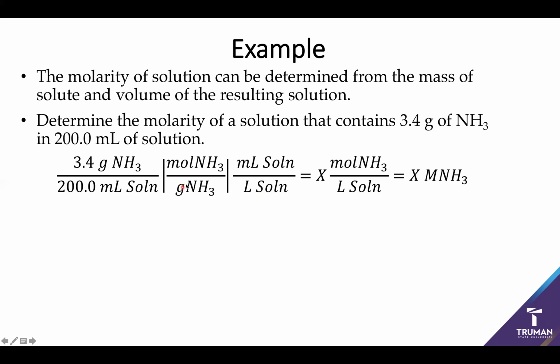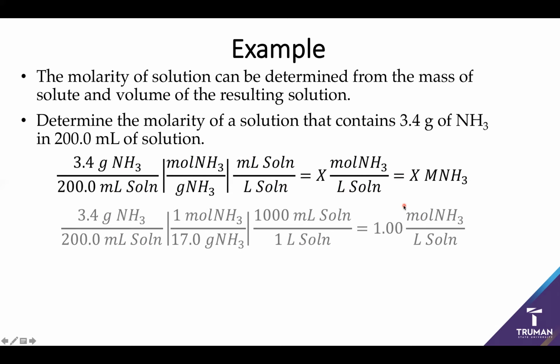Go ahead and double check. Our units should cancel out. And we should have moles of ammonia per liter of solution. Now we can go ahead and plug in our conversion numbers, including the molecular weight of ammonia and 1,000 milliliters in a liter. When we do this, it turns out that this is going to be a 1 molar solution.